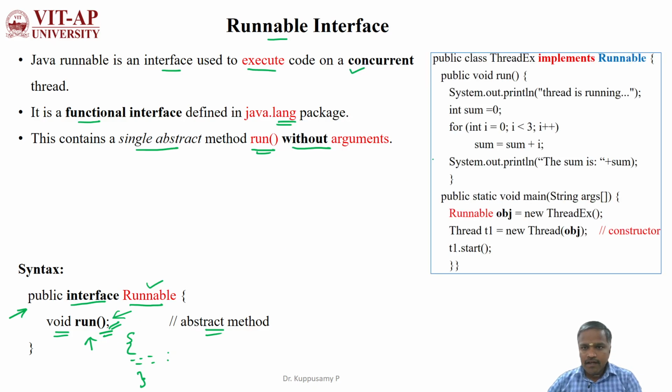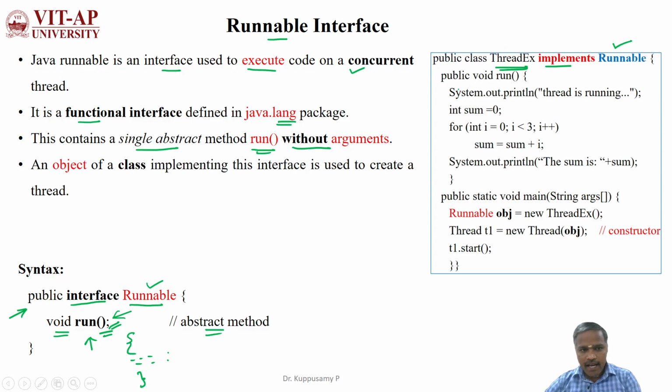Based upon that, here we are going to implement the Runnable interface by using a class. This class is going to implement the interface. At the same time, this class is used to create the object. The object of this class, which is implementing the interface, is used to create the thread. Here I am creating the thread.